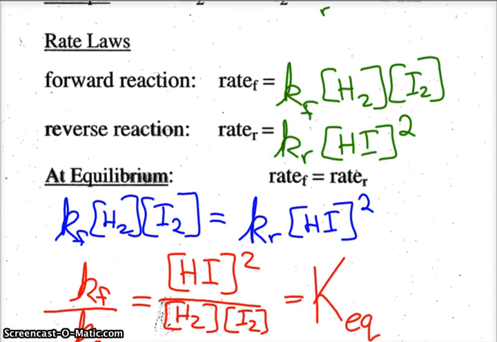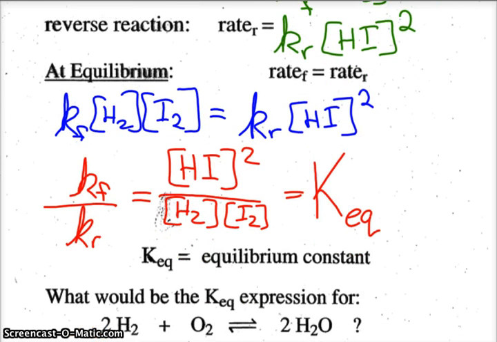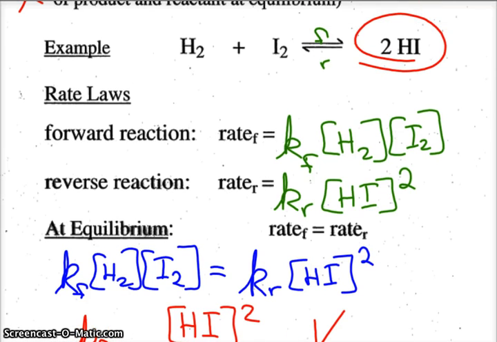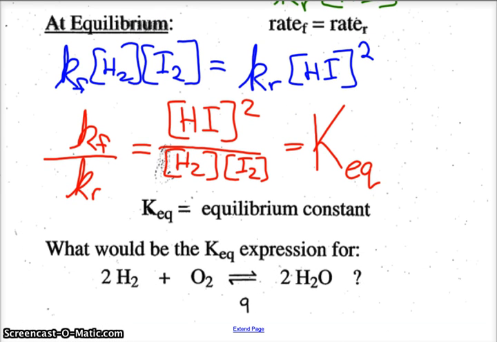We have our products, 2 HI, and that's what we have in our numerator, HI to the second power. And the denominator of our Keq expression comes from our reactants, H2 and I2, 1 mole of each, so H2 to the first power and I2 to the first power.